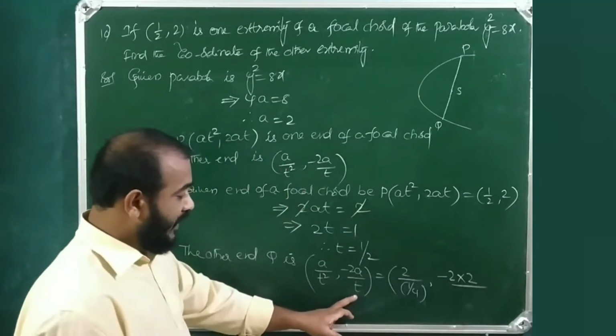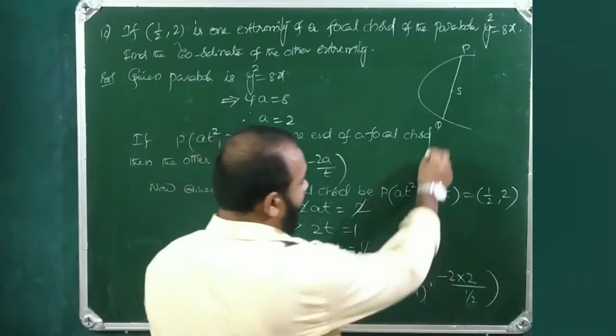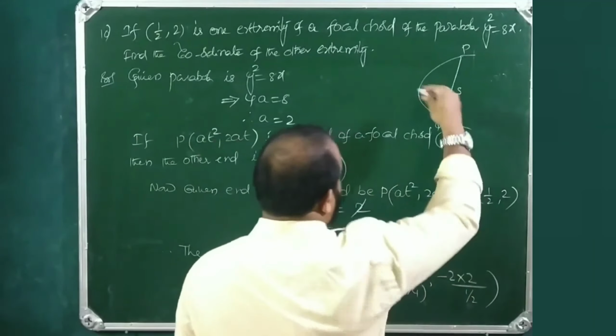This is equals to 1 by 4 is 4, 4 2s are 8, comma minus 2 2s are 4, 4 2s are 8. So 8 comma minus 8 is the other end of the focal chord, where this end is 1 by 2 comma 2.